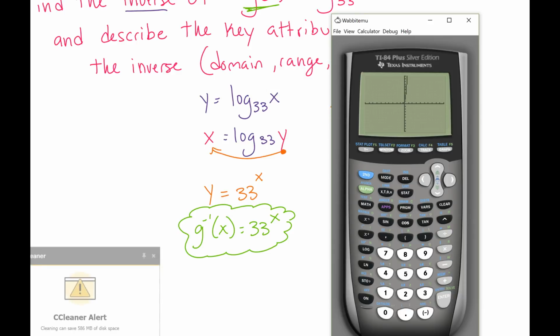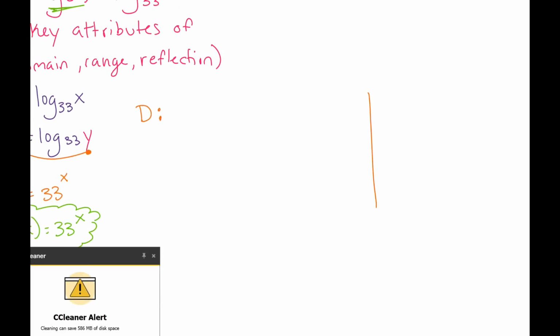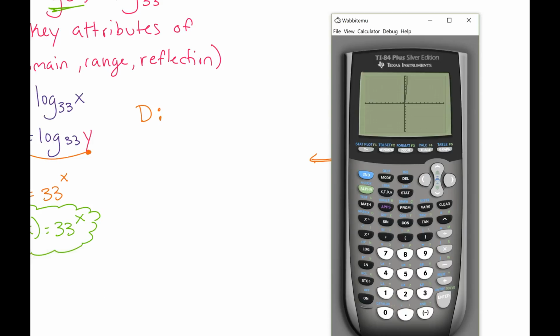Right. Remember, exponential functions have an asymptote that it gets closer and closer and closer to but never touches, right? So even though it's very hard to see right here, this graph does have an asymptote at where? What is the asymptote on this graph?